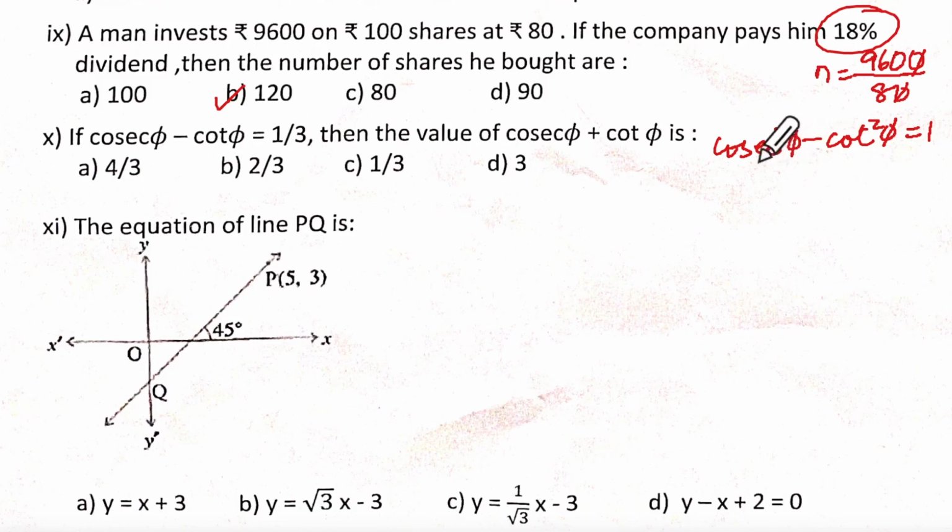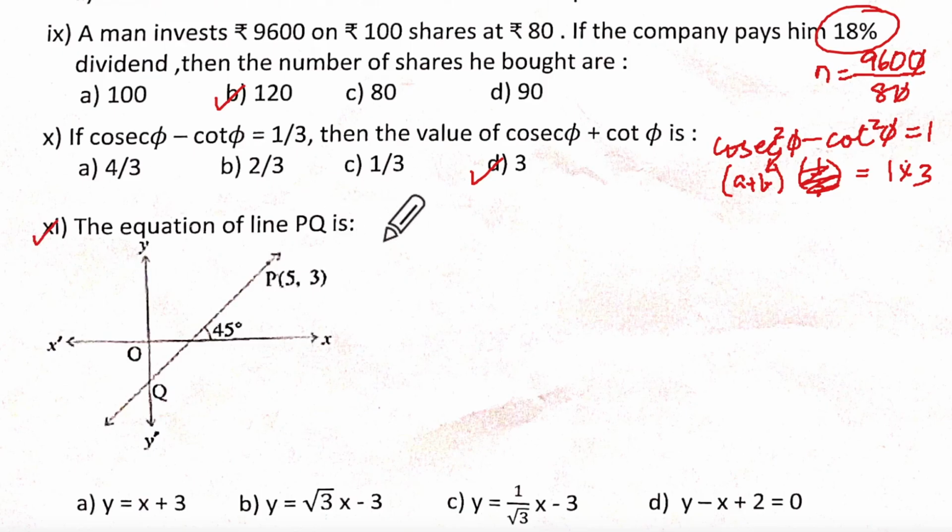Here this will be like a plus b into a minus b. We have to find a plus b, and a minus b is 1 upon 3, so the product is 1. Now I'm just representing this to save on time. So a plus b will be equal to 3. So a plus b means cosec phi plus cot phi.